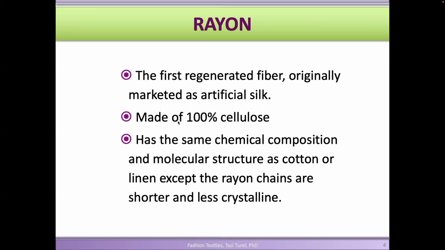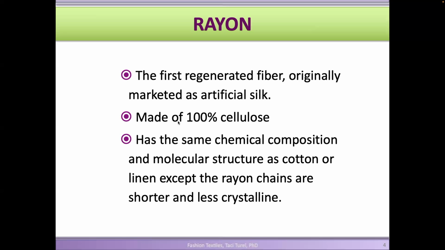It also is similar to linen because it's also cellulosic, but rayon molecular chains are shorter, which means it's a weaker fiber. It's less crystalline, so it is a little bit different from cotton in that sense. So if you guys remember, if it's crystalline, it's stronger. If the molecular chains are shorter, that means it's weaker.